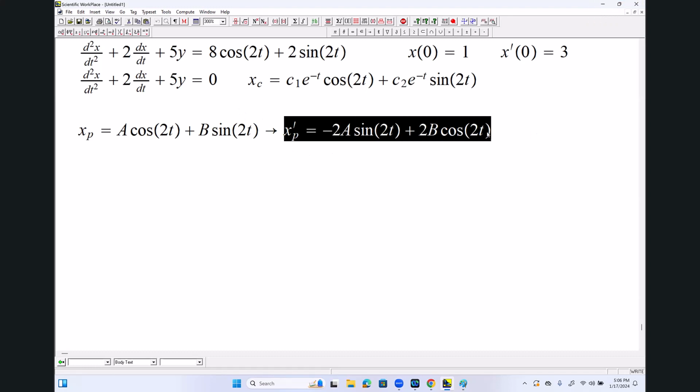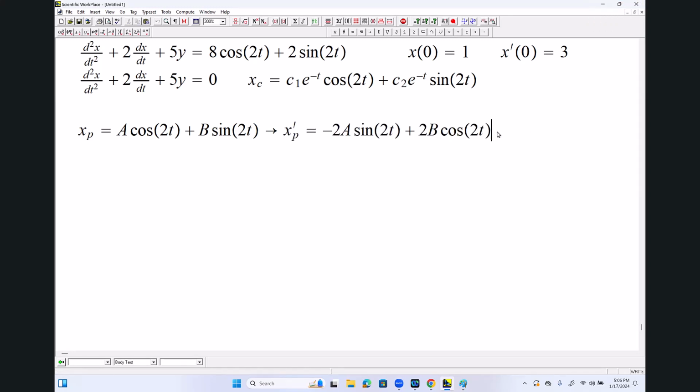And then we got the double prime. So that will be 4 cosine, and this will be cosine. The derivative will be -2 sine 2t, so that will make it -4, and we get negative sine, right?